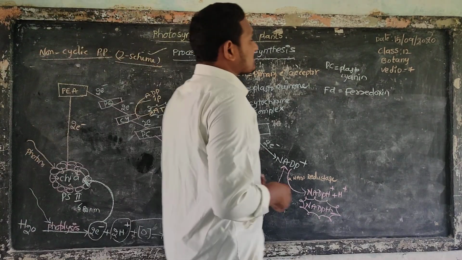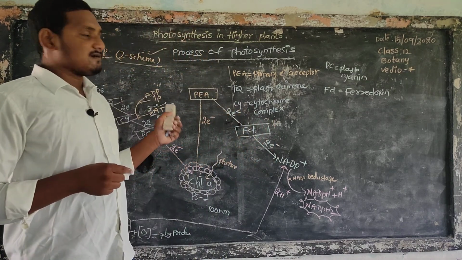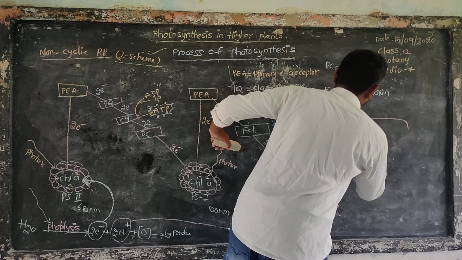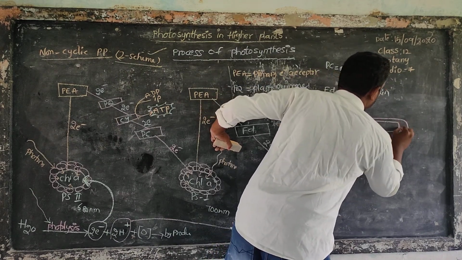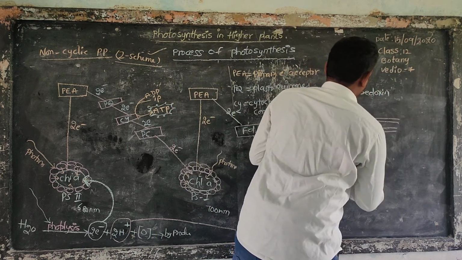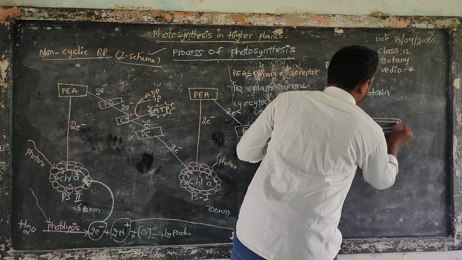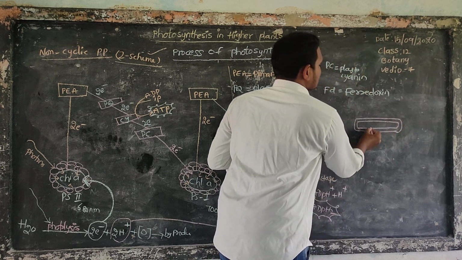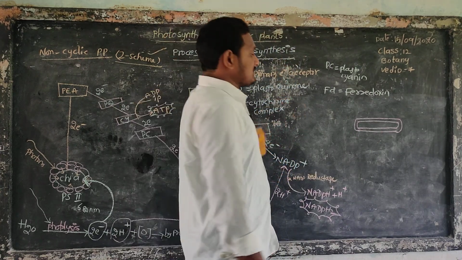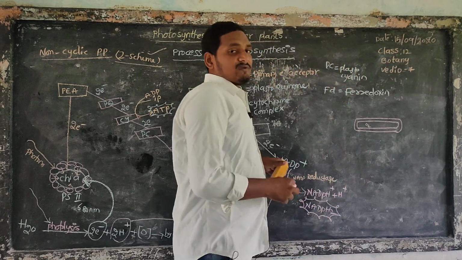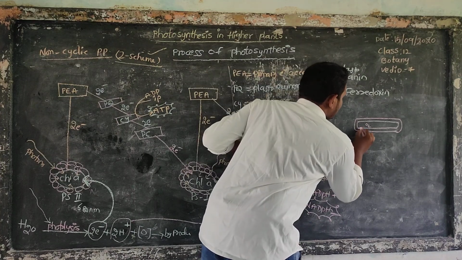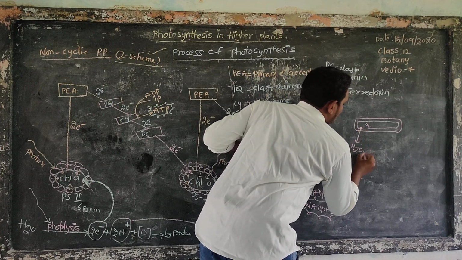Next, the actual process, non-cyclic photophosphorylation, takes place in the thylakoid. So this is the thylakoid. This is the outer membrane, this is the inner membrane. Photolysis of water takes place in the inner membrane of the thylakoid. Oxygen is released into the lumen.